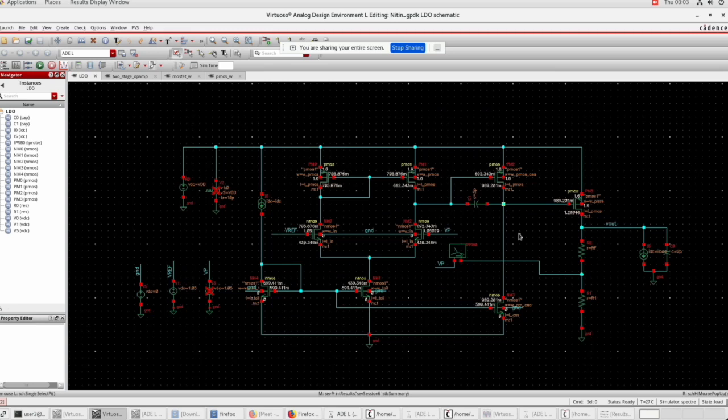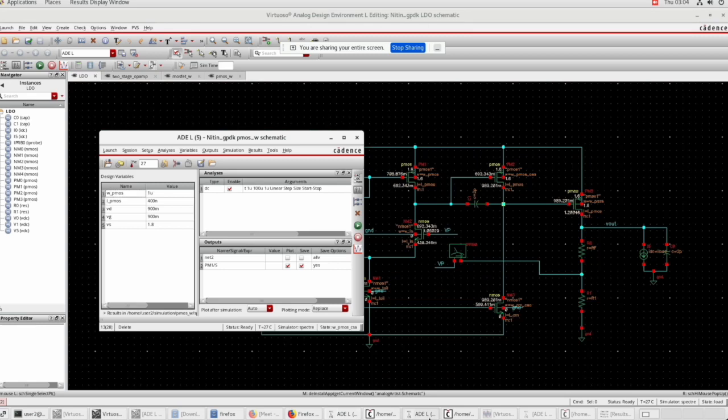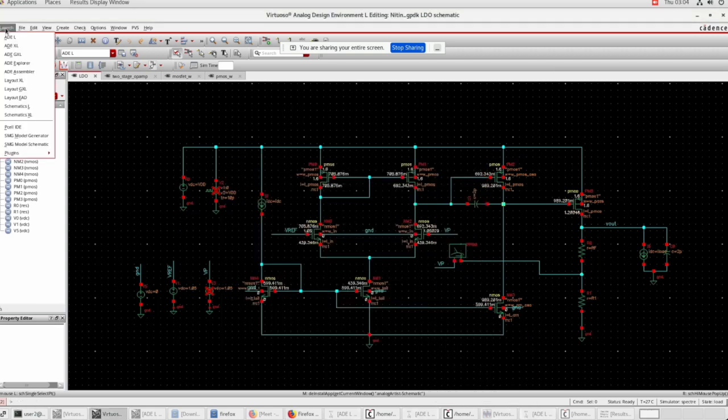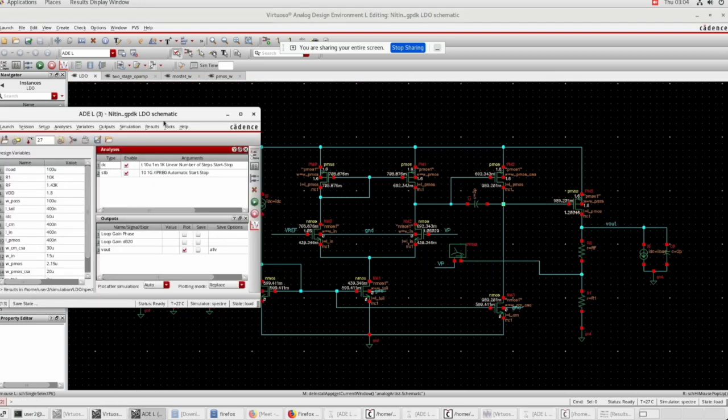And in this circuit I designed it for VDD of 1.8 volt and an output of 1.2 volt. So let us simulate the circuit and see. Yeah, this is it.